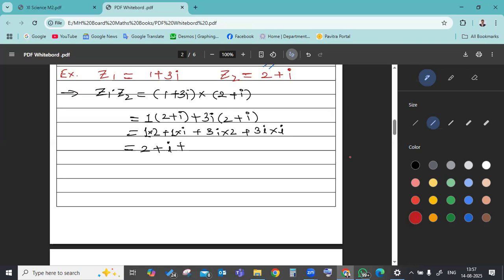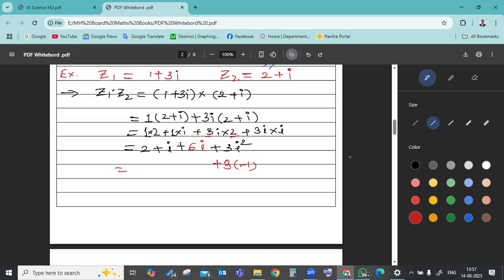See this 3 into 2, 6i, right? Plus 3i square. Now we know this i square is minus 1. So this plus 3 into minus 1. i square is minus 1. So this gives us what?